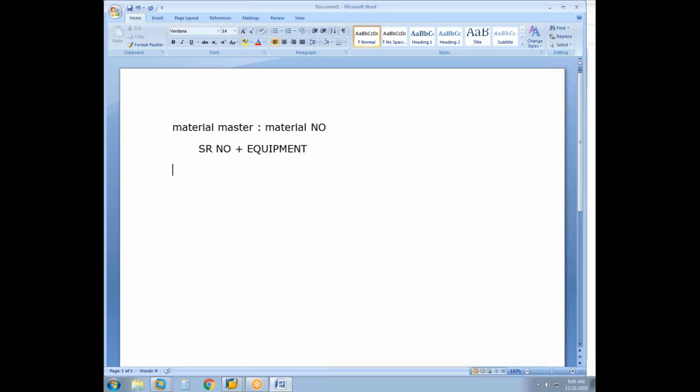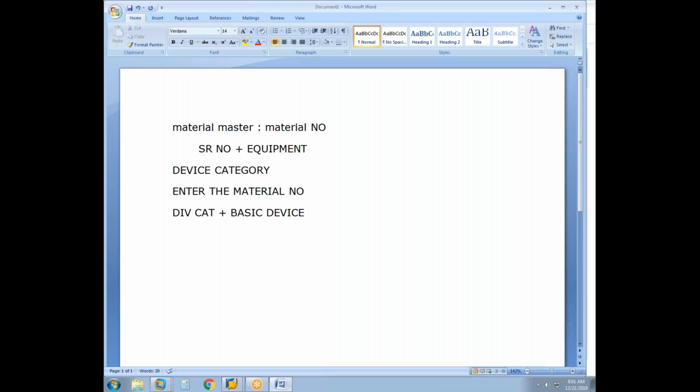Now we cannot create the device directly with respect to material, we have to refer it to device category. Okay, so after creating the material master, we have to create the device category. While creating device category, we will enter the material number we have created, and then we are selecting one of the basic device categories available in the system. So as we saw in the IMG, there is a matrix where we have said what is the division category, and for which division category what basic device category we can create.